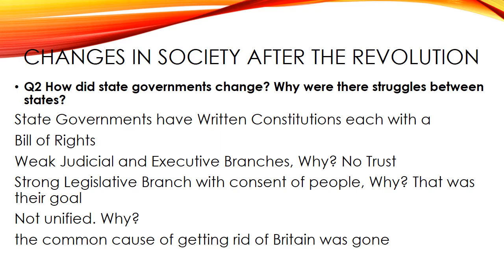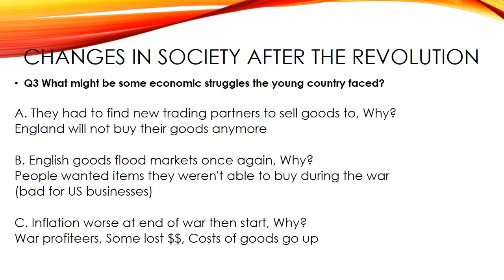All right. Our third question is, what might be some economic struggles the young country faced? So what are some economic struggles? And we're going to be talking about a specific economic struggle in class, but this is some generic stuff. So how the society changed with economy.